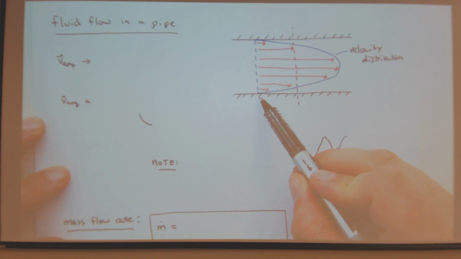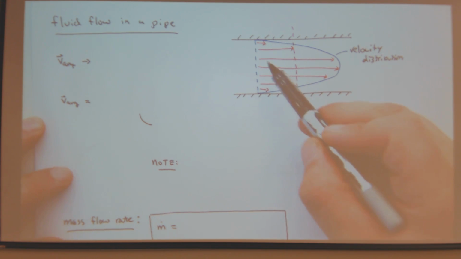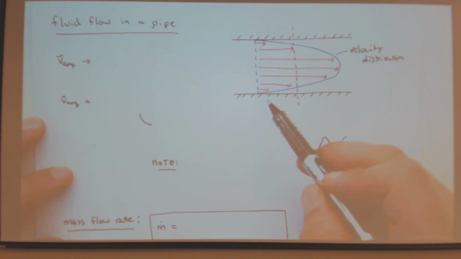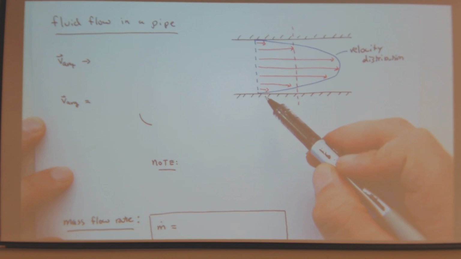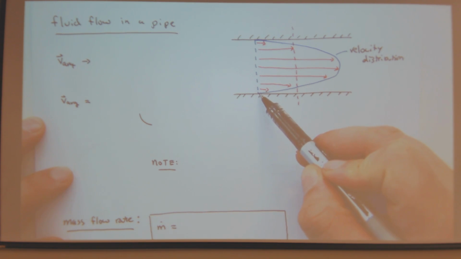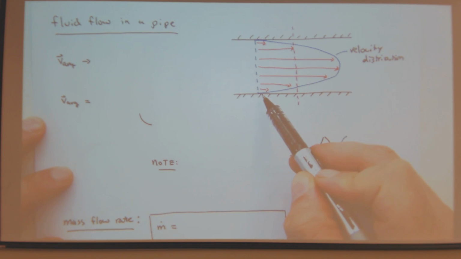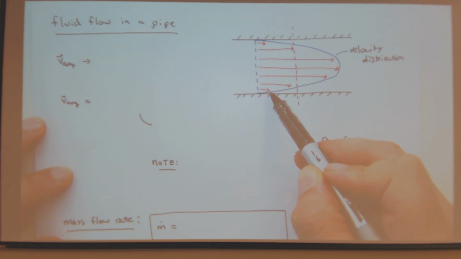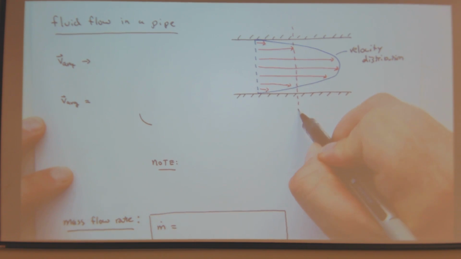So we have friction, so I have fluid flow in a pipe, and there's friction at the walls, so this represents what is called a no-slip boundary condition, right? So the velocity at the wall is 0, and then it's maximum in the center. So there's a velocity distribution of my fluid flowing through a pipe. And I can calculate the average velocity, and that's what this red dashed line is.